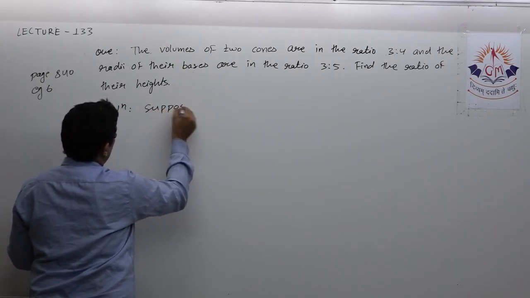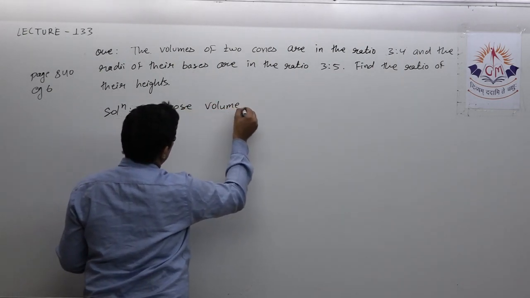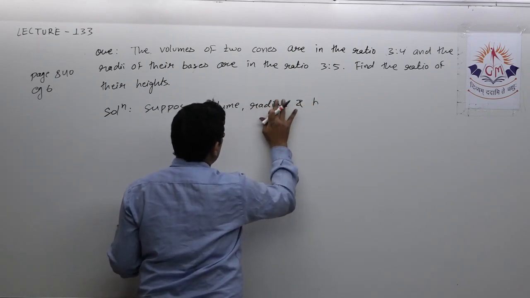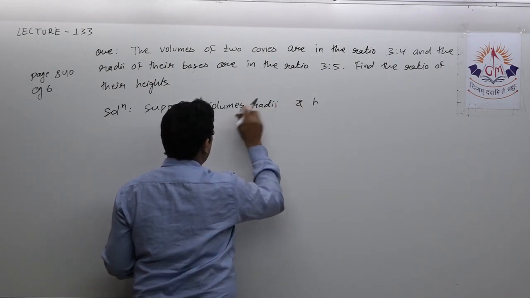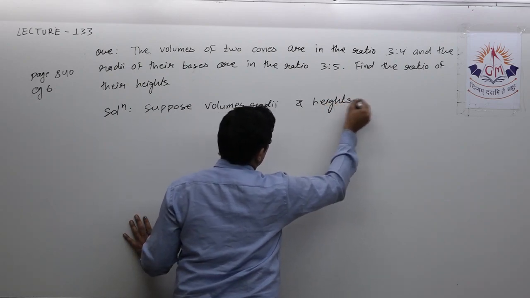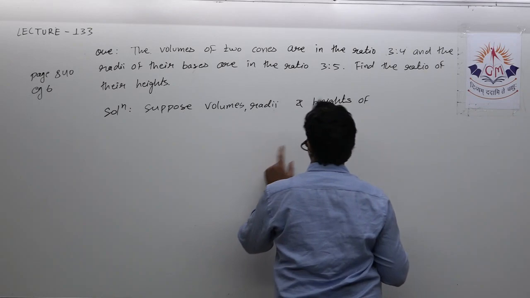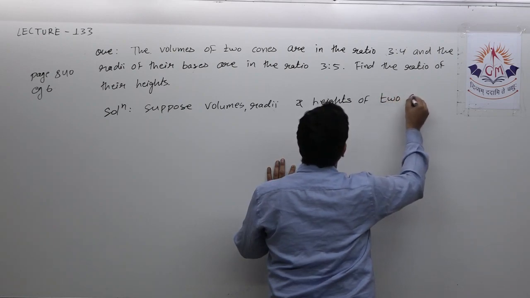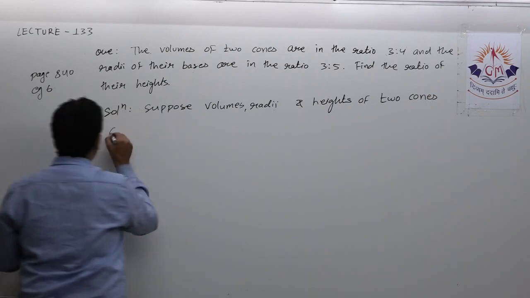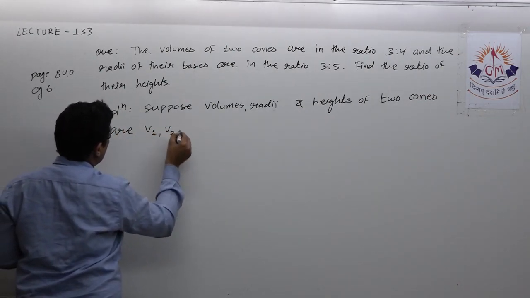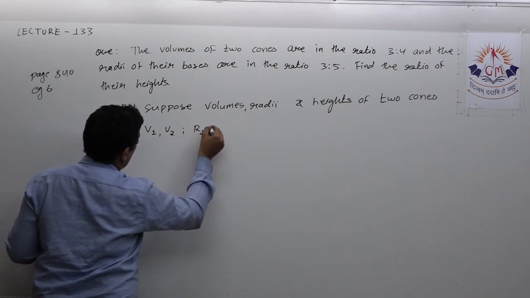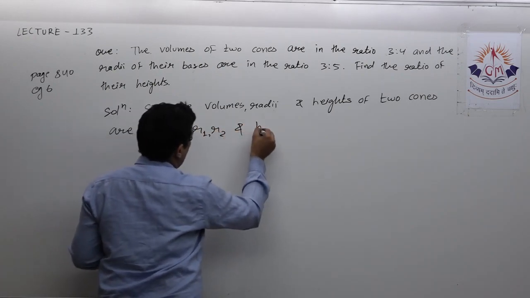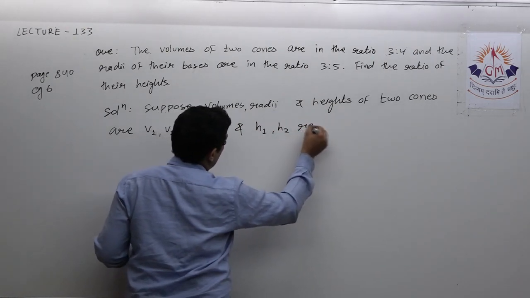Suppose the volumes, radii and heights of the two cones are V1, V2, R1, R2 and H1, H2 respectively.